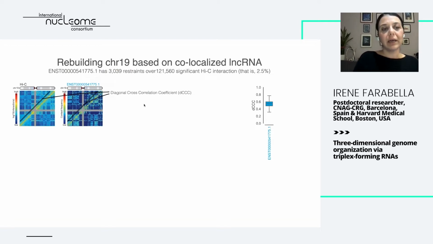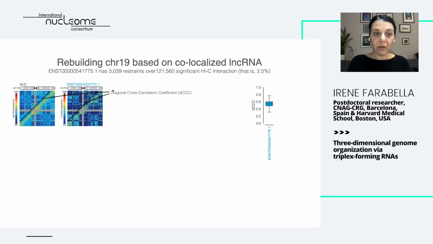So here I show you how we reconstruct chromosome 19 based on the co-localizing triplet target sites targeted by this particular RNA. It is evident that the checkerboard pattern that identifies in the Hi-C the segregation of active and inactive chromatin is well reproduced.